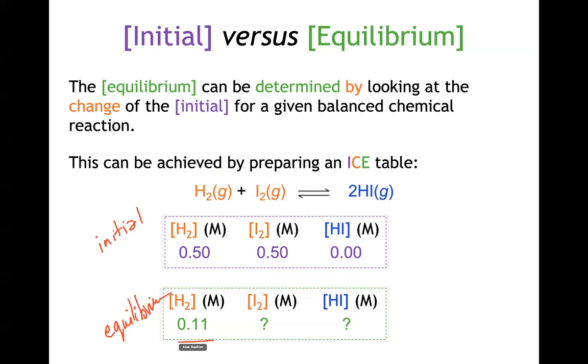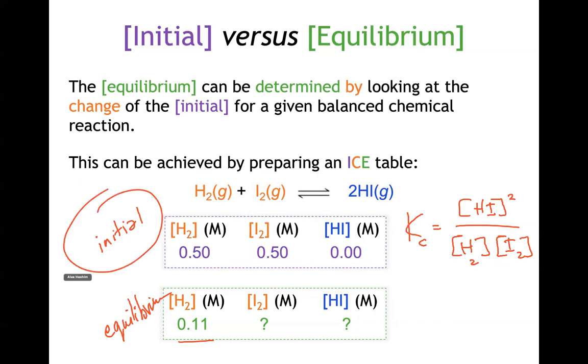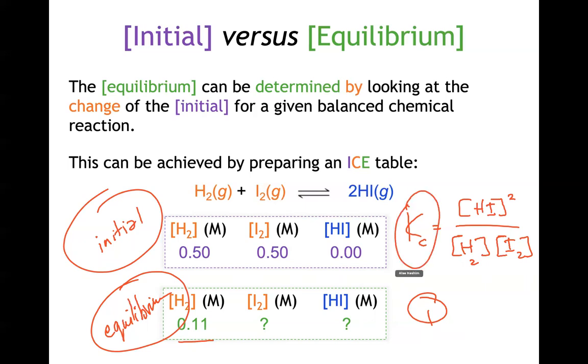We only know one of the concentrations at equilibrium, but to determine the equilibrium constant, we would need the concentration of the product at equilibrium, and we would need the concentration of each reactant at equilibrium as well. We can't use the initial concentration. We need the concentration at equilibrium, right?